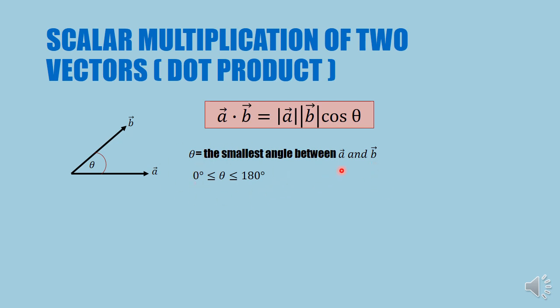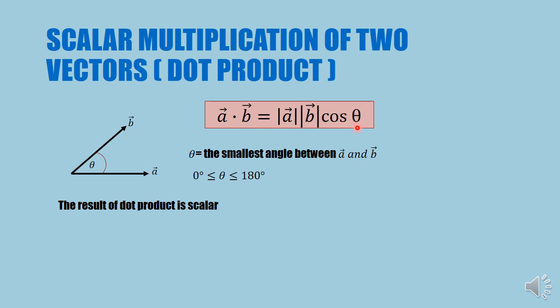Okay, now from this formula, we can see that the result of a dot product is a scalar or a number. Okay, and if theta is equal to 90 degrees, or A is perpendicular to B, then A dot B equals 0. Why?